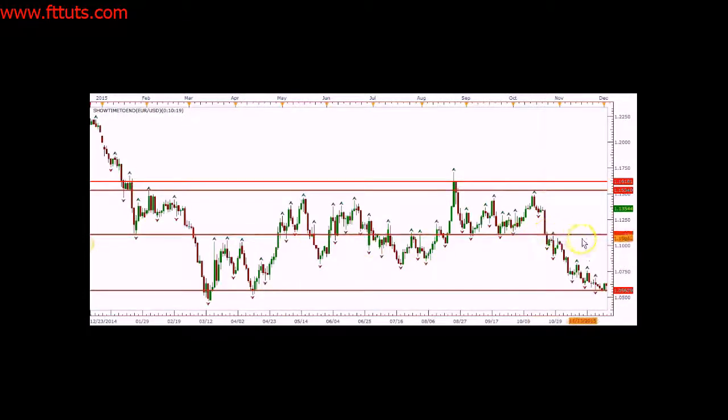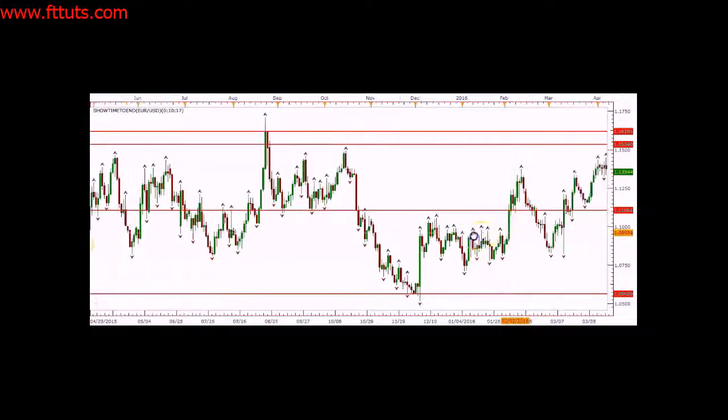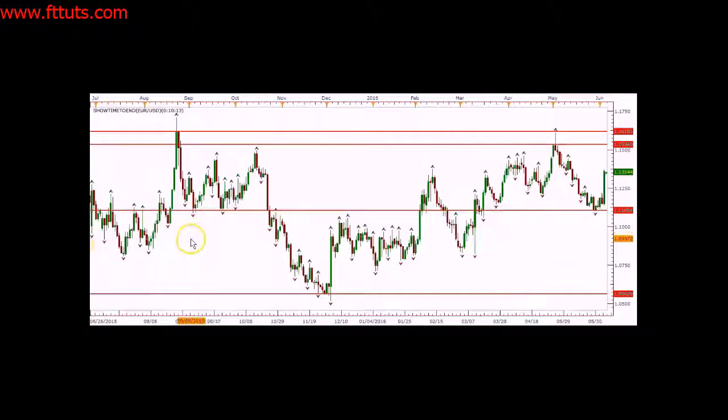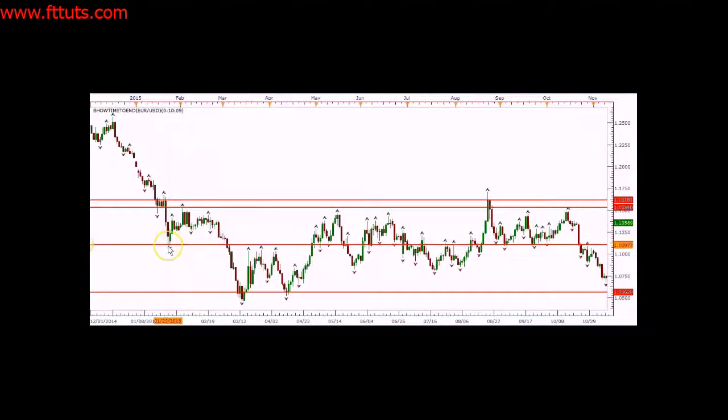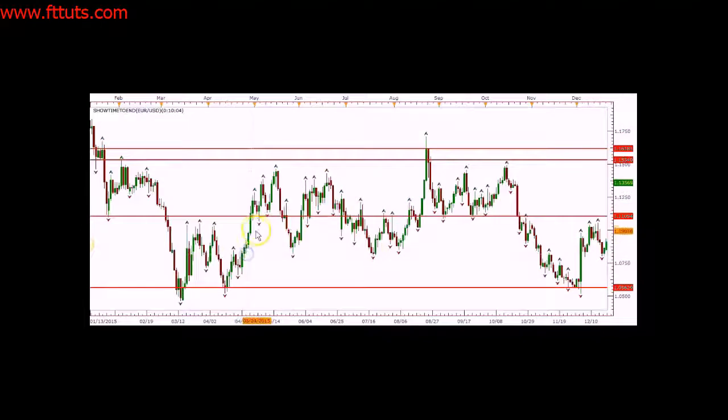So I drew this level in from here, what happened currently, and you could see if we go all the way back here over a year's worth of time, we bounced on this level in January 2015. All right, and then we hit it again here in May 2015, and then all these levels here, and then hit it again up here in July 2015.